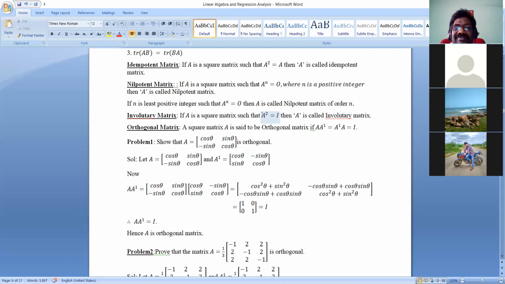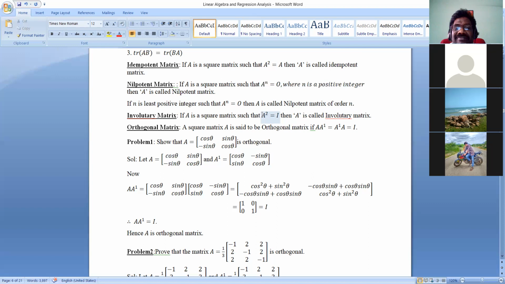A matrix A is said to be an orthogonal matrix if it satisfies the condition A into A transpose equals A transpose into A equals I. Then only we call that matrix an orthogonal matrix.